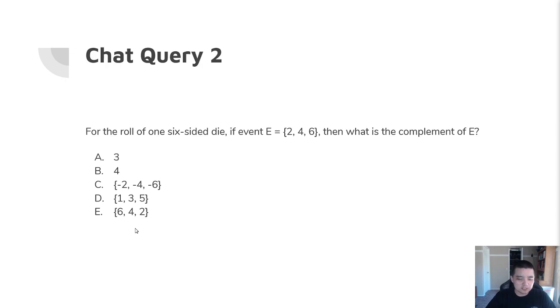And as the folks in chat are saying, in this particular example, the complement is represented by choice D, the elements 1, 3, and 5. That is the elements that were not in the original set. Good job.